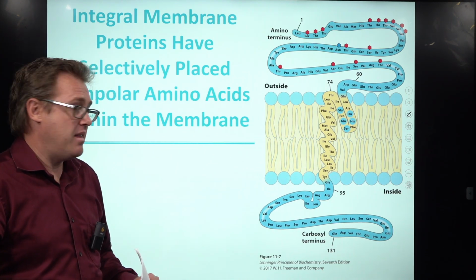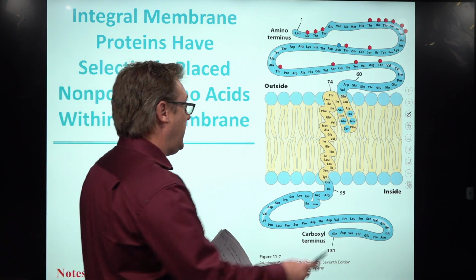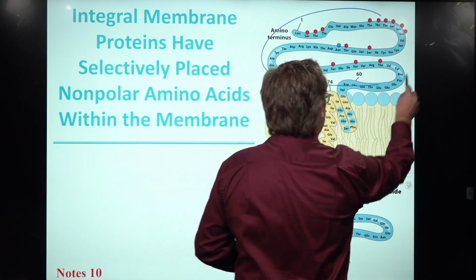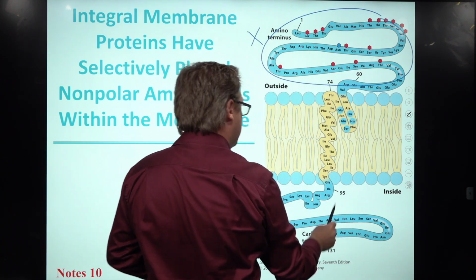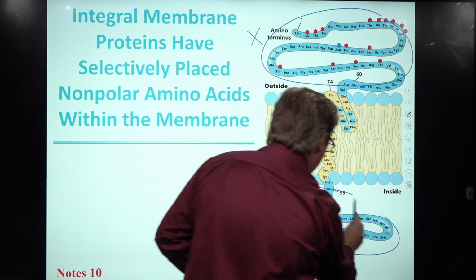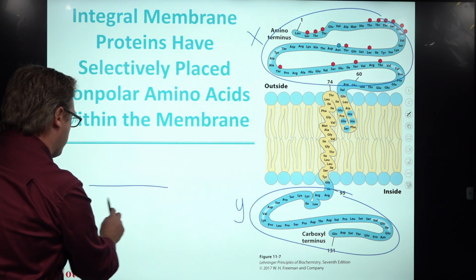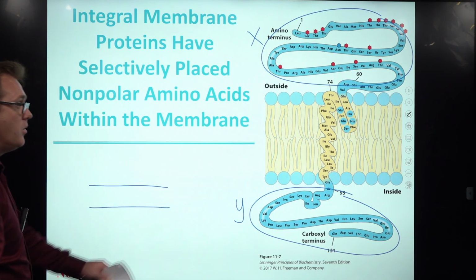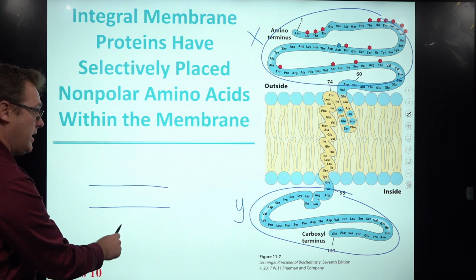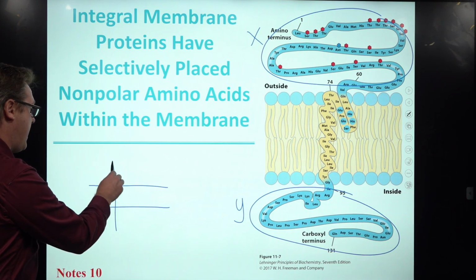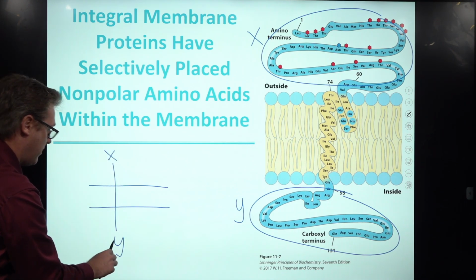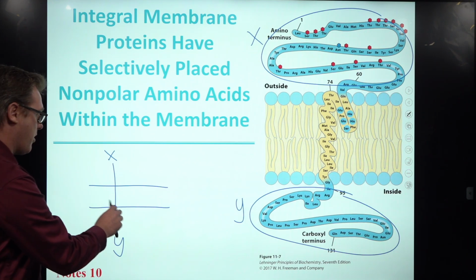And what I mean by that is that if we label this end right here as X and this end as Y, and I draw myself a membrane, we see the way I've drawn it is that we're going to basically have X right here, Y right there within our membrane.